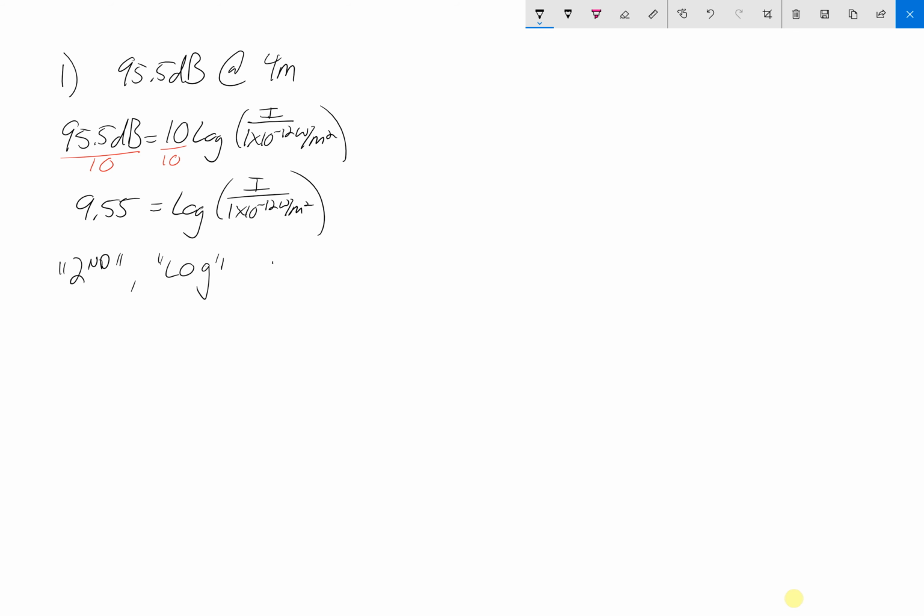So you should get something that looks like 10 to the 9.55 on your calculator. That's what it should look like on your calculator. When you do this, you're gonna get a big number. That's all I can say. A big number. And that will equal I over I naught.